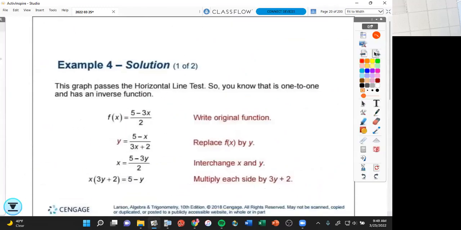They did y times 3x plus 1, multiplied by 3.